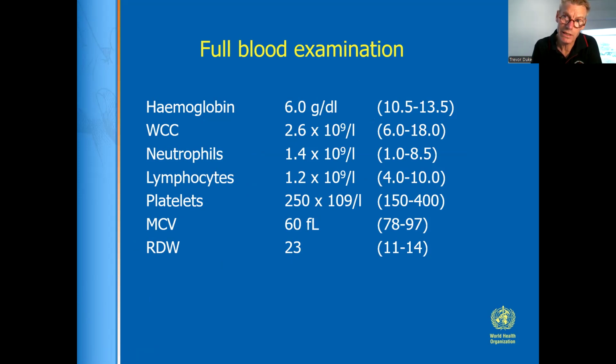This was his full blood count. This is the real full blood count of Kobe. His hemoglobin was 6, so as we said, he's got palmar pallor, so it means his hemoglobin is going to be less than 8 grams per deciliter. His white cell count was 2.6, so it is not high. It's actually low, isn't it? And his neutrophil count was a bit on the low side too, not high.